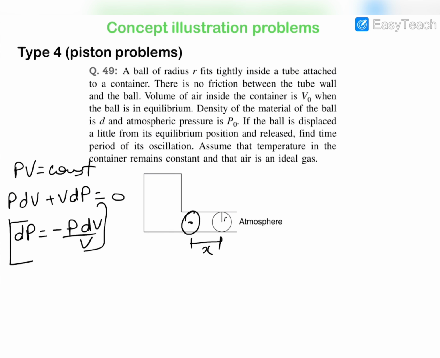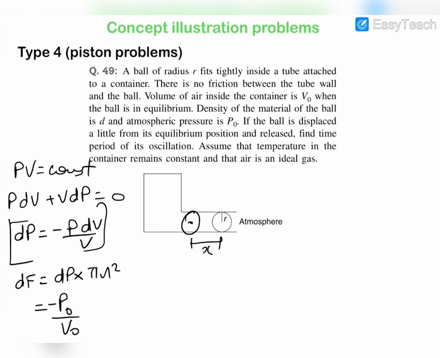So the pushing force dF will be equal to the additional pressure dP into the area. The area of this tube is pi r square. So dF will be equal to dP into pi r square, and dP is minus P dV by V. P is P naught initially, and V is V naught, and dV is the change in volume.